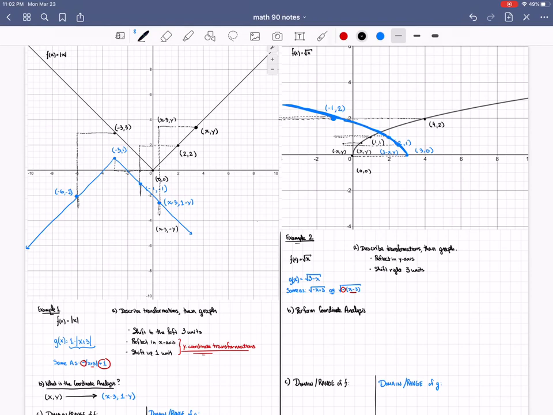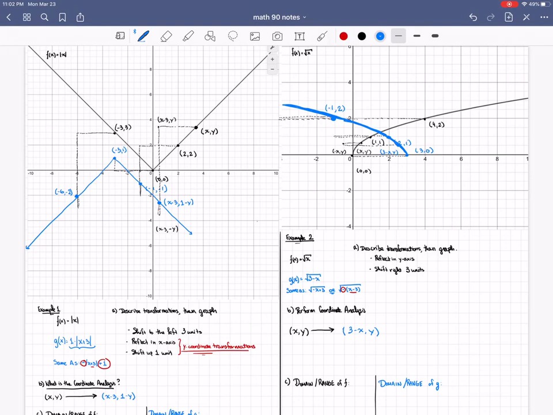So we can say that our coordinate analysis is, if we start with the point (x, y) on the graph of f(x), we end up with the point (3 − x, y) on the graph of g. So that is our coordinate analysis.